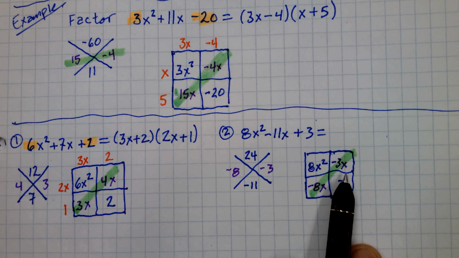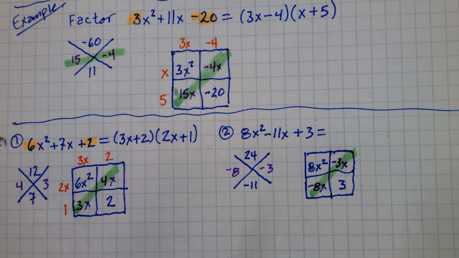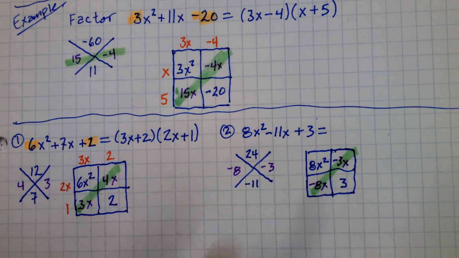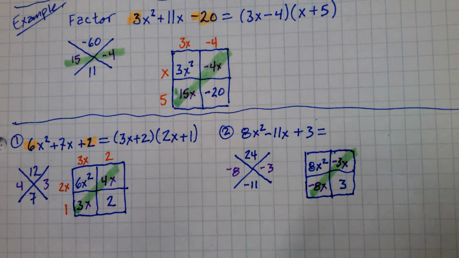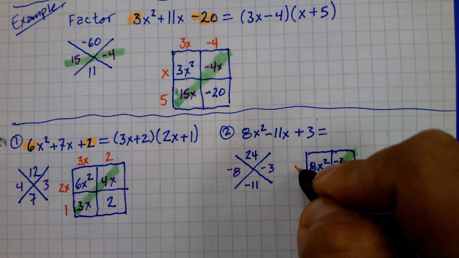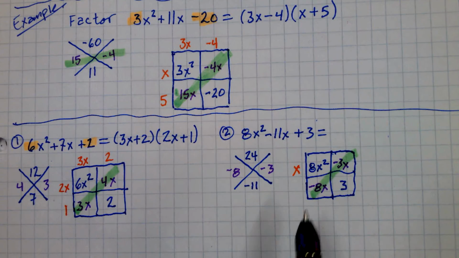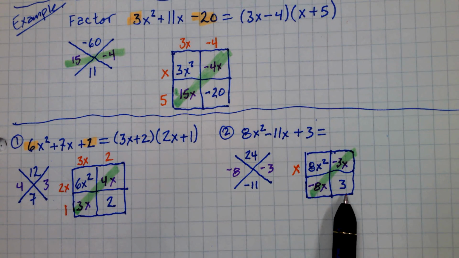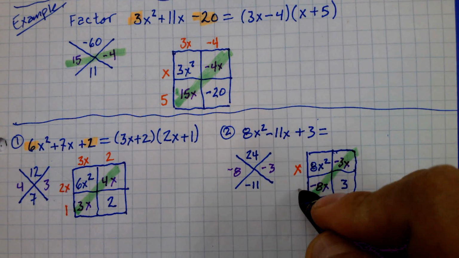What pulls out of there? X, just x. Yeah, 8 and 3 are what we call relatively prime, right? They only have the factor of 1 in common. So let's take out an x. Negative 8x and 3. Same thing, right? What comes out of there? 1. Just 1. Again.